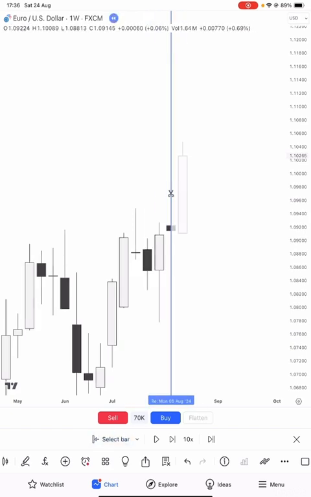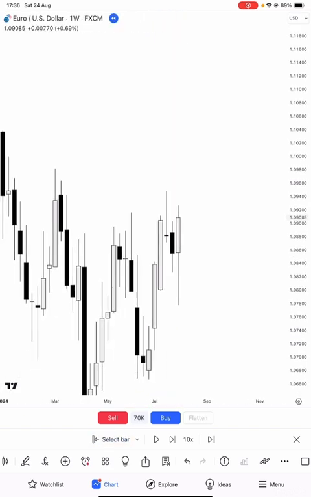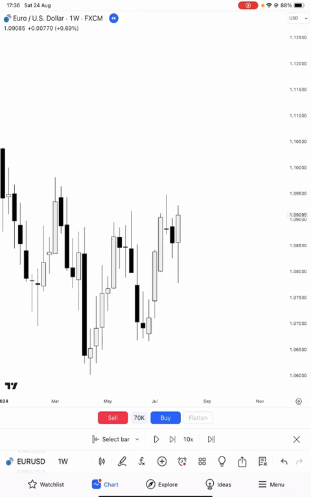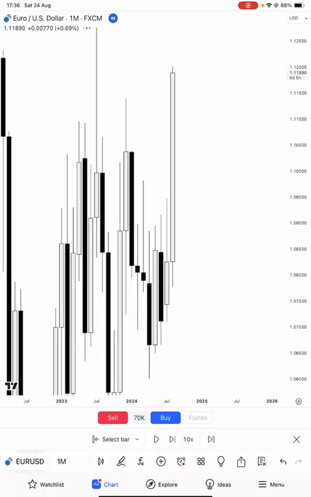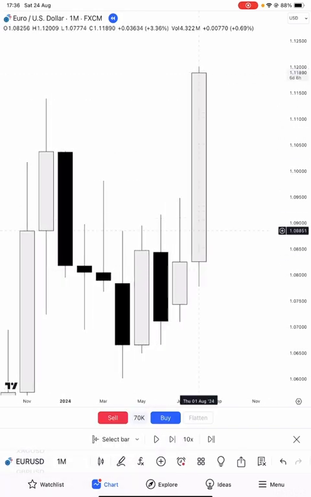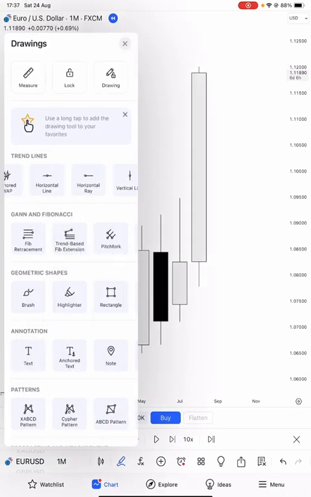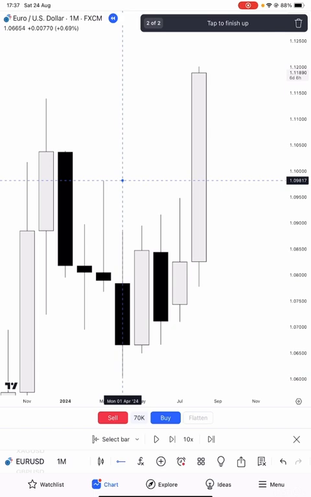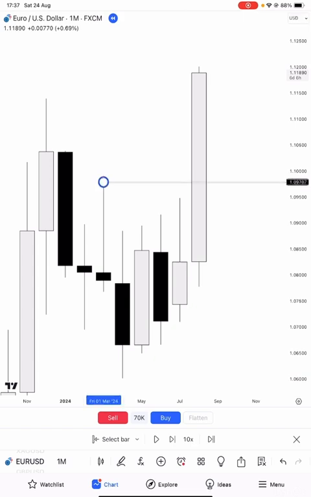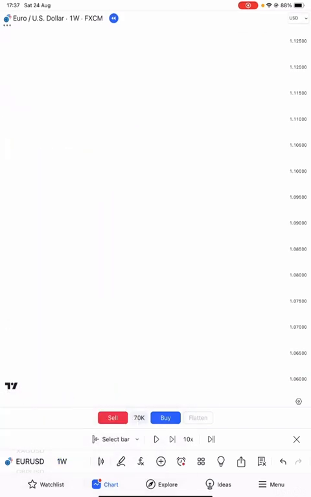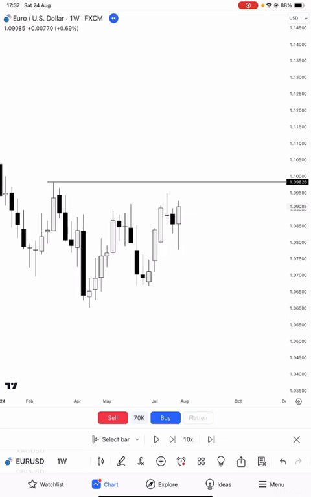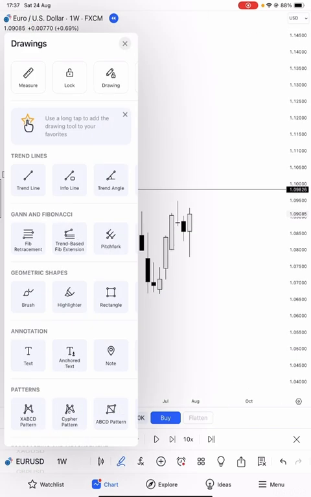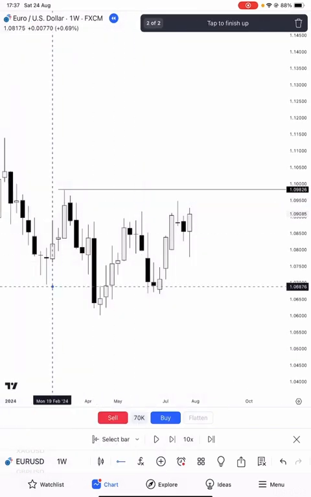So what I saw at the time. So what I was seeing was this. Ignore this huge monthly candle, but I was looking at this intermediate term high on the monthly, and also the range high on the weekly chart.